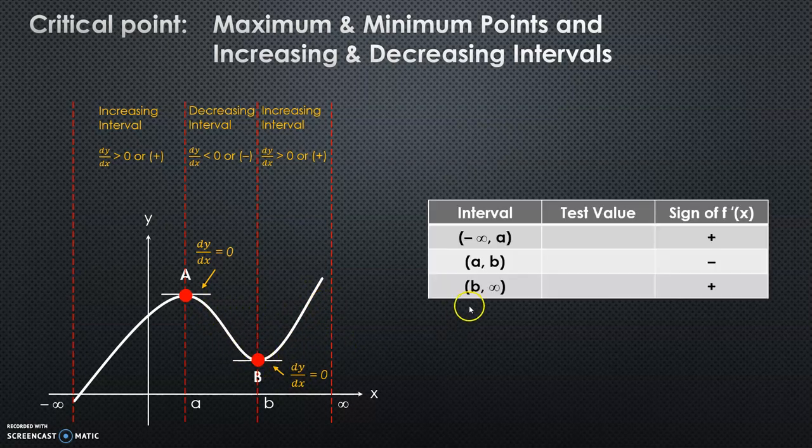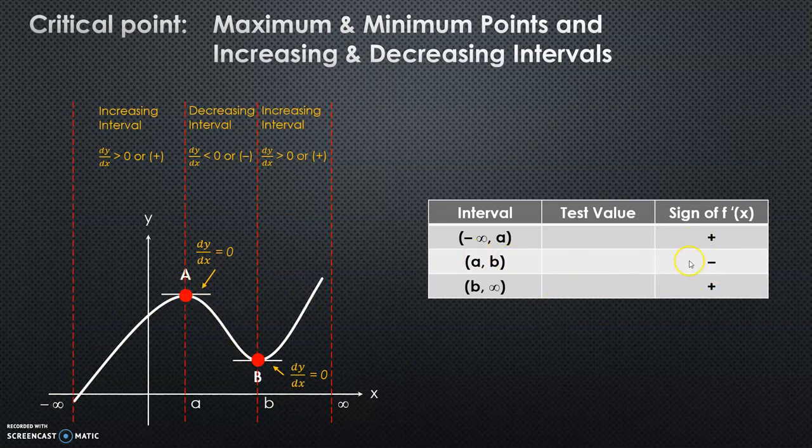Or we can construct a table. The first interval is negative infinity until A, A until B is the second interval, and B until infinity is the third interval. Positive sign means that it is increasing. Negative sign means that it is decreasing.